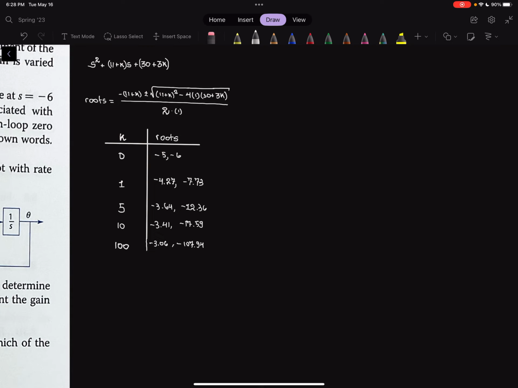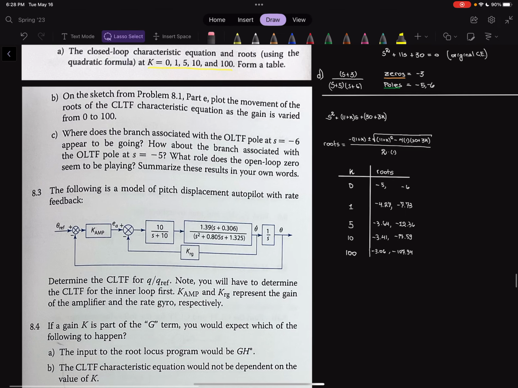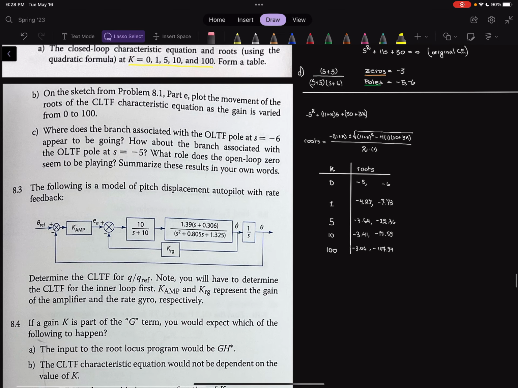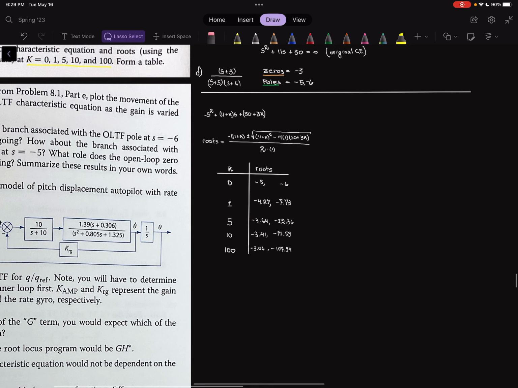Okay, so once I do that, what am I going to do? We have this stuff over here, and now they're saying, on the sketch of problem 8.1, plot the movement of the roots as the gain is varied from 0 to 100.